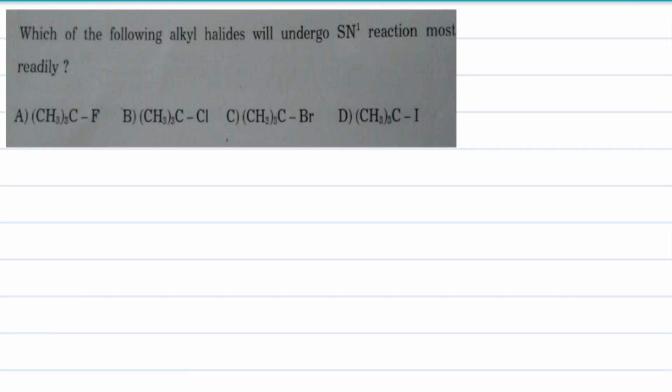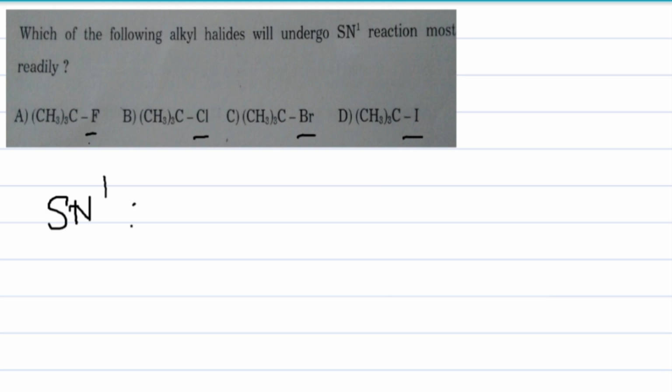Next, coming to the next question: which of the following alkyl halides will undergo SN1 reaction most readily? Here they gave the options, all tertiary alkyl halides only, but it is a tertiary alkyl fluoride, and this is a chloride, and this is a bromide and iodide. Now SN1 is unimolecular nucleophilic substitution.